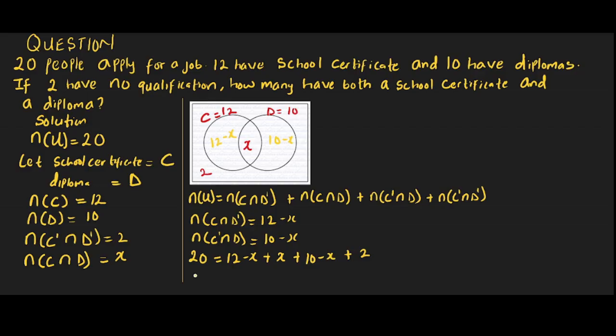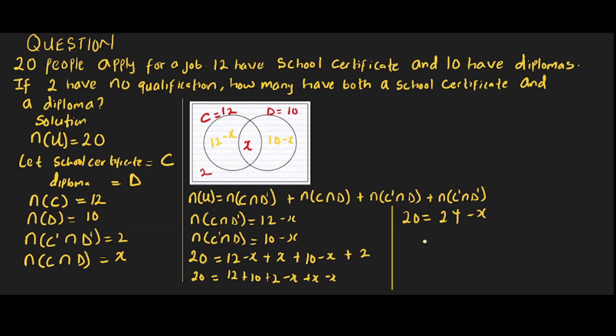If we solve this, we have 20 equals 12 plus 10 plus 2 minus x plus x minus x. So 20 equals 12 plus 10 plus 2, which gives us 24, minus x plus x is gone. We have minus x.